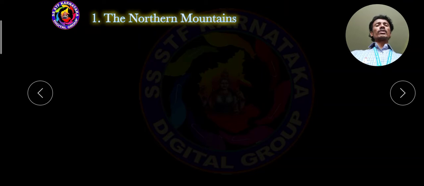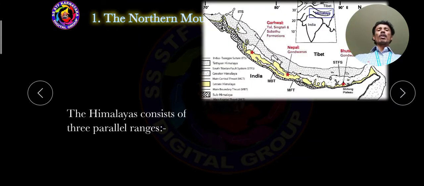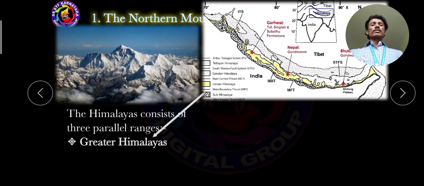Then dear students, for the northern mountains, mainly we can see the Himalayas. Northern mountains consist of the Himalayas. The Himalayas are divided into 3 parallel ranges.